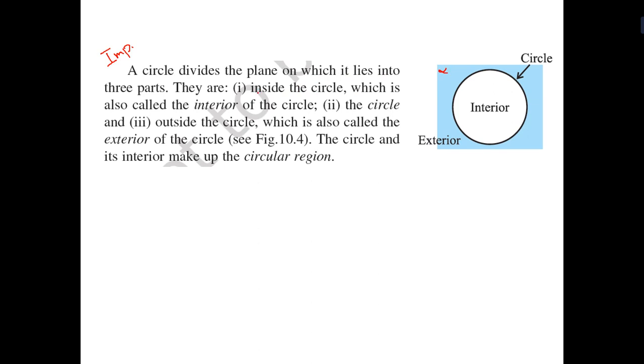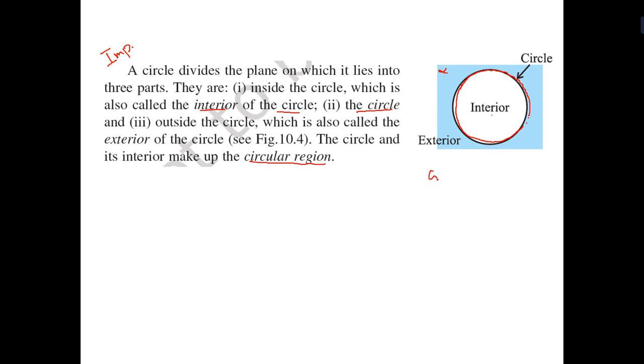They are: inside the circle, which is called the interior of a circle; the circle itself; and outside the circle, which is also called the exterior of the circle. The circle and the interior make up the circular region. So three parts: exterior, interior and circle.